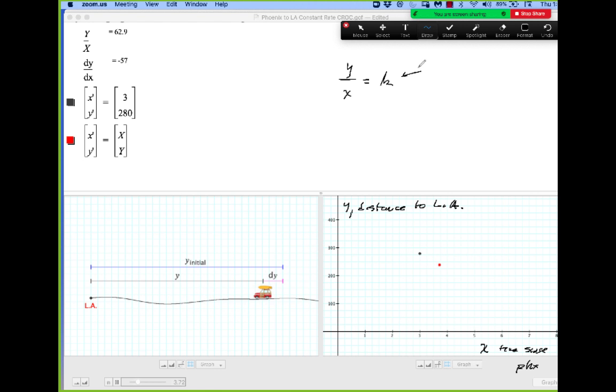This is really getting to this idea of dy equals k dx. What does that reveal? Because that's what we have. We have that changes in y are proportional to changes in x. What does that reveal about the relationship of x and y, in this case, time since leaving Phoenix and distance to LA?